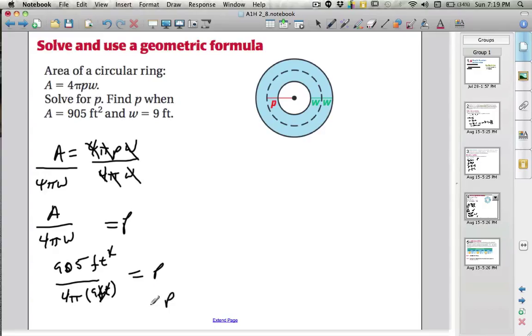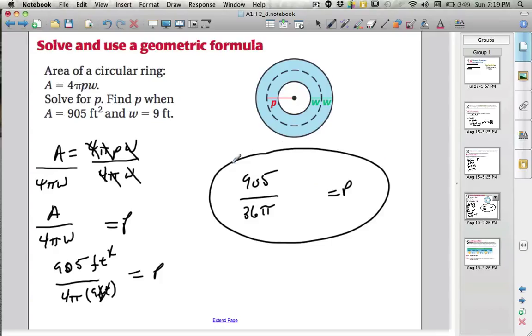So the p-value is going to be 905 divided by 36 pi. Now I could simplify that and make it a decimal, or in this case, I'm going to go ahead and leave it in this form.